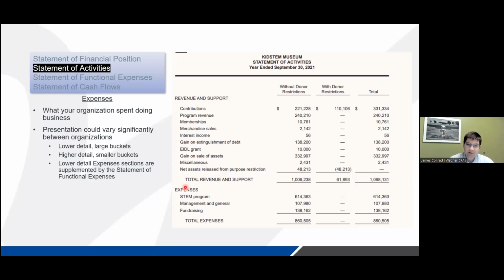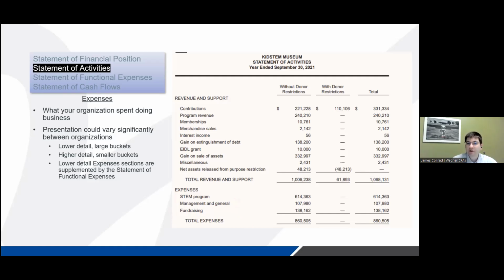In this example here, we have lower detail but larger bucket classifications. But when I say higher detail with smaller buckets, we're going down to just personnel or just office supplies, just program supplies. It expands on the type of expenses.